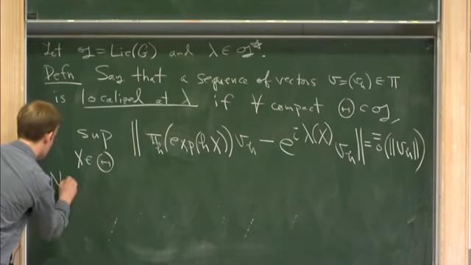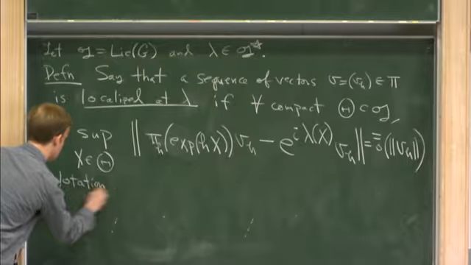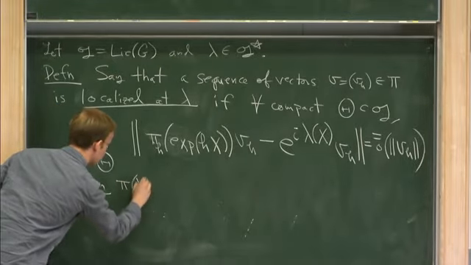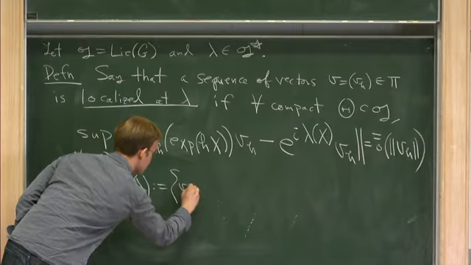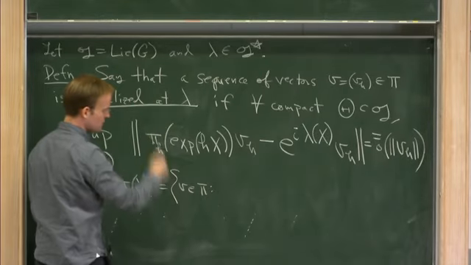So let's just introduce a small bit of notation that'll come in handy. So we'll write π(λ) for the set of vectors that satisfy this definition.